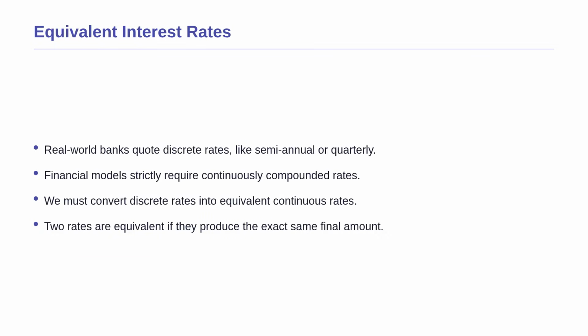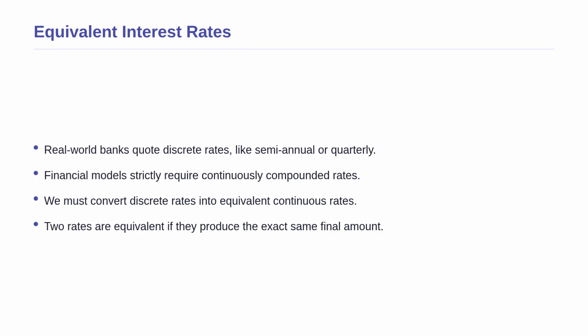So we have seen how continuous compounding generates slightly more money. This brings us to a practical problem. In the real world, a bank might quote an interest rate that is compounded semi-annually or quarterly. But a financial engineer needs a continuously compounded rate to plug into advanced pricing models.